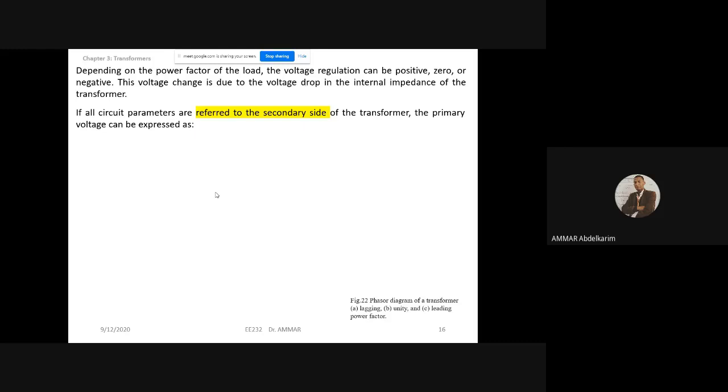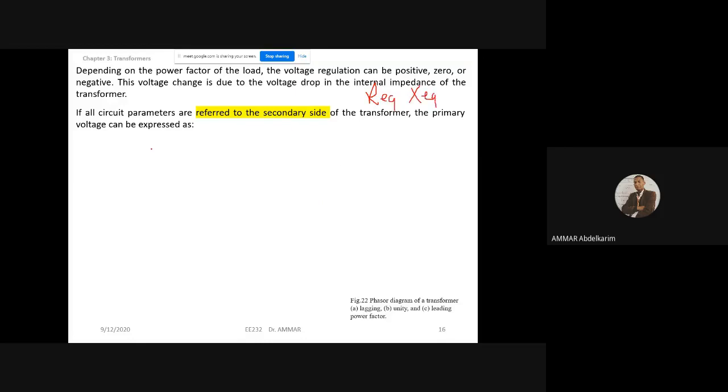We have seen when we did the no load test that we neglect the impedance of the transformer in the primary and the secondary, because we don't have a current in the secondary, as it's an open circuit. But when we connect the load, there is a voltage drop due to the internal impedance of the transformer, which means R equivalent and X equivalent.